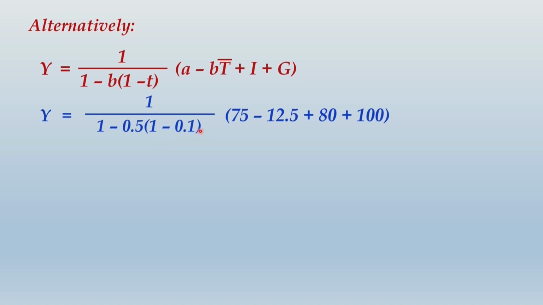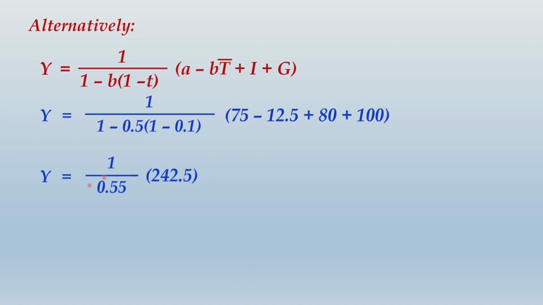1 minus 0.1 will give you 0.9. 0.9 into 0.5 will give you 0.45, and 1 minus 0.45 will eventually give you 0.55. So the multiplier effect is basically 1 divided by 0.55, and this whole term works out to be 242.5.